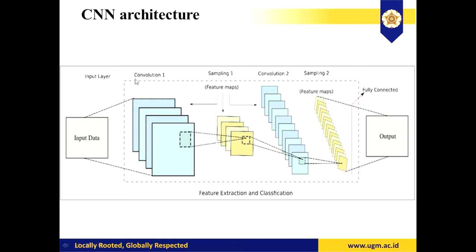This is the convolution layer, and then feature map, and then convolution again, and feature map again. The number of convolutions and feature maps is based on our system. So each system has its own characteristic. And then the last is output. Before output, there is a fully connected layer. This is a multi-layer perceptron.